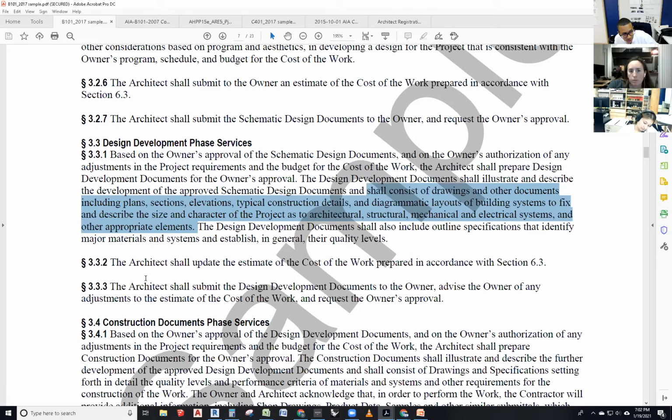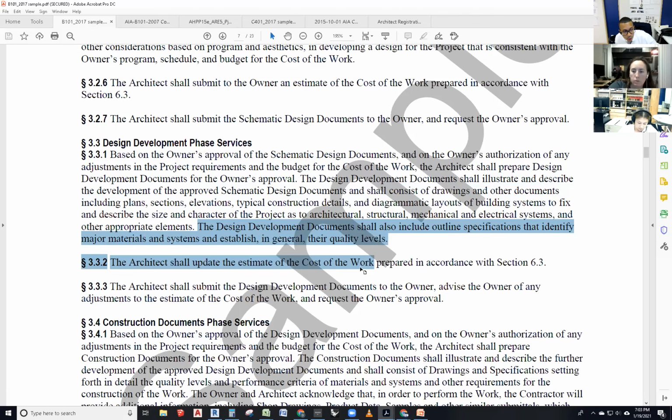plans, sections, elevations, typical construction details, and diagrammatic layouts of building systems to fix and describe the size and character of the project as to architectural, structural, mechanical, and electrical systems and other appropriate elements. The design development documents shall include outline specifications that identify major materials and systems and establish in general their quality levels.